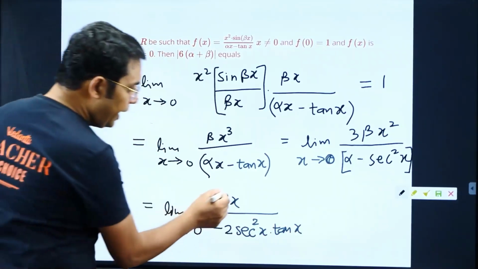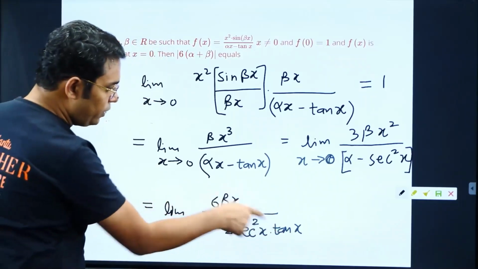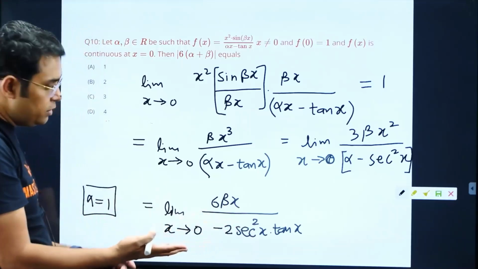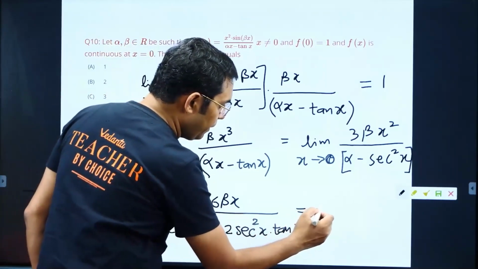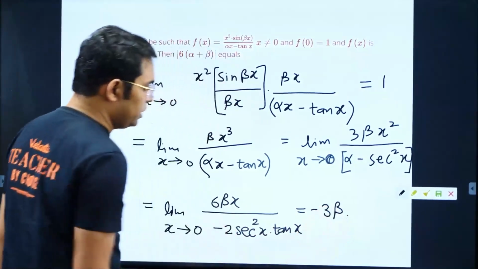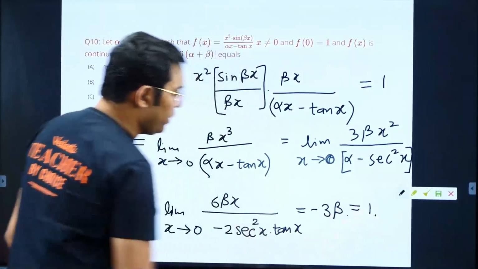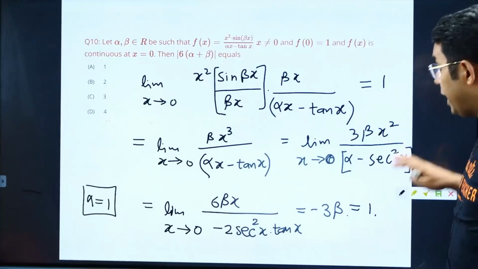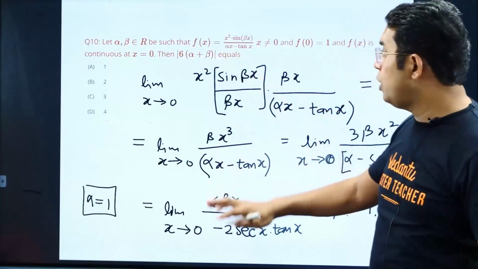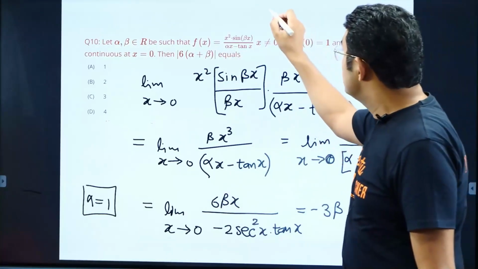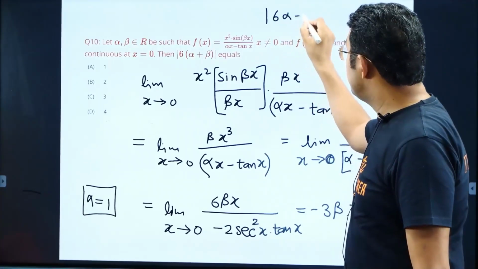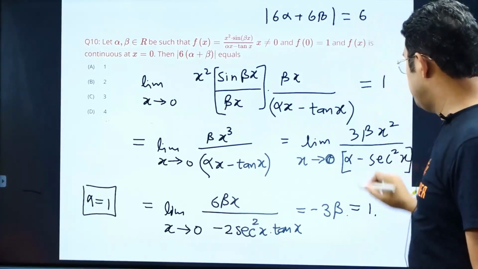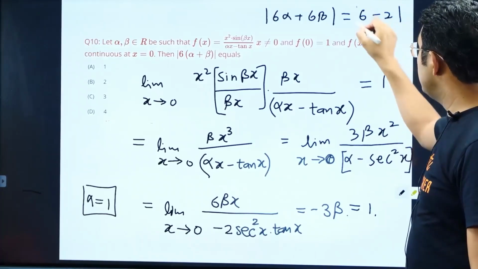Now x upon tan x limit is 1, and for the remaining thing I can put x is equal to 0, secant 0 is 1, so it will be equal to minus 3 beta after simplification, and this is equal to 1. Okay, we have found alpha to be 1, we have found 3 beta to be equal to minus 1, and we are looking for mod of 6 alpha plus beta. So it will be 6 alpha plus 6 beta. 6 alpha is 6, 6 beta will be minus 2, hence the answer will be 4.